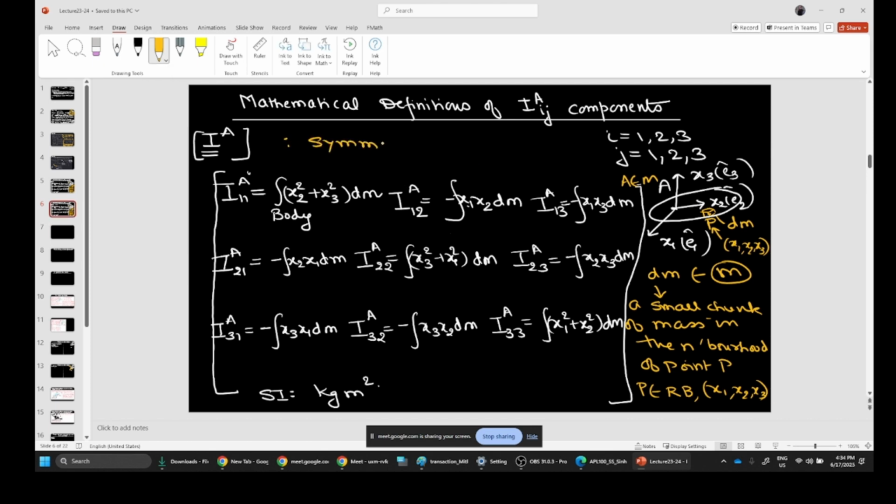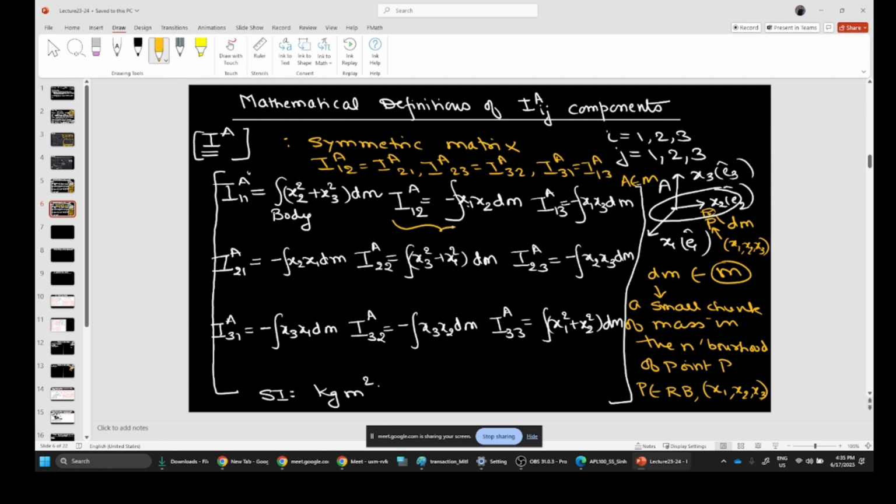It is a symmetric matrix. Which means IA12 is equal to IA21, IA23 is equal to IA32, and IA31 is equal to IA13.